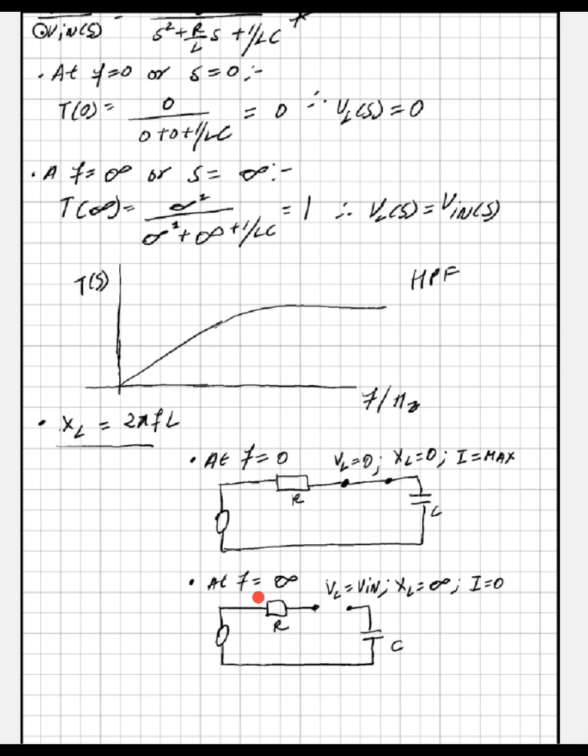On the other end, if the frequency is infinite, then the inductive reactance will also be infinite, and hence the voltage across the inductor will be the same as the input voltage, and the current will be 0. Now in this example, we are ignoring what happens to the capacitor.